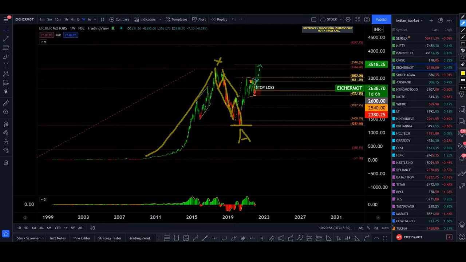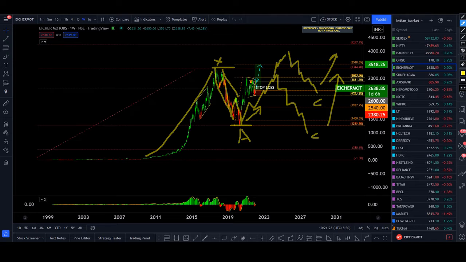So this is like completing an impulse followed by an A. That's the default pattern for waves. Once an impulse and A completes, then we are in a B wave. The B wave can go without breaking X. It may come down for a C, and then it can go for the next impulse, or it can break the X followed by a correction to C, and then it can break out.